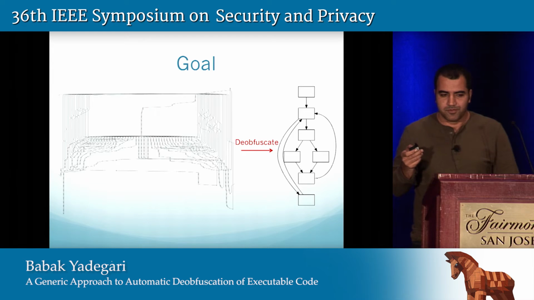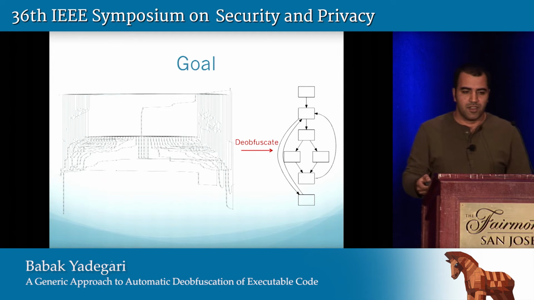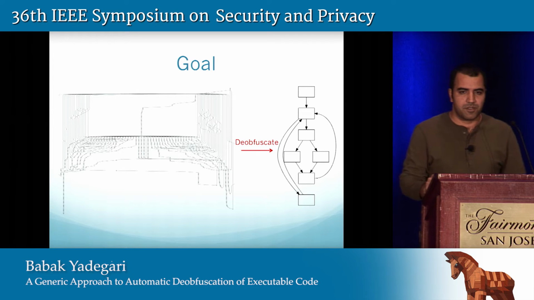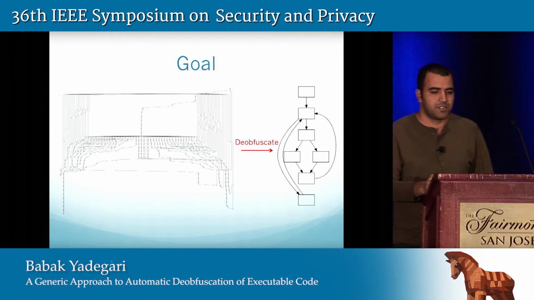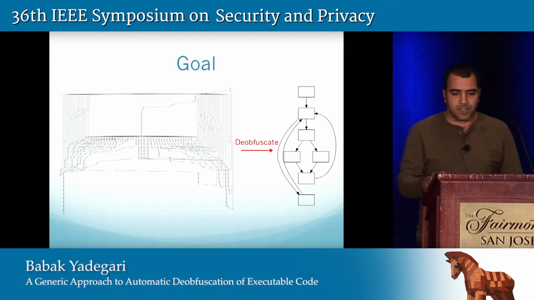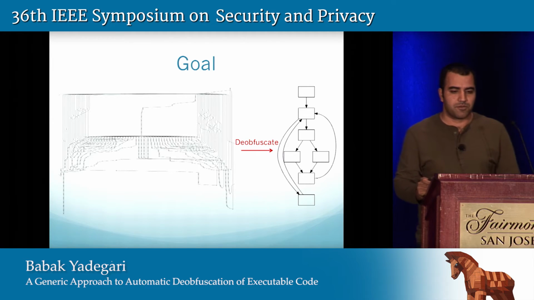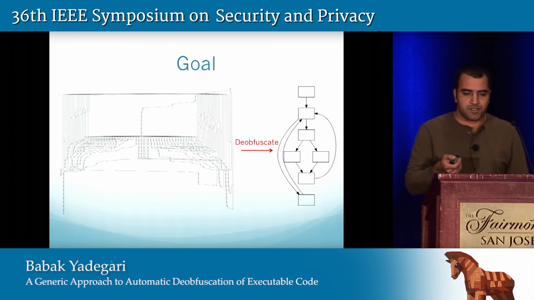As you see in this case, our tool was able to recover the original logic of the program, which was binary search. The recovered logic might not be exactly the same as the original program, but it is a lot simpler and easier to understand and analyze, and it has the semantics of the original program.